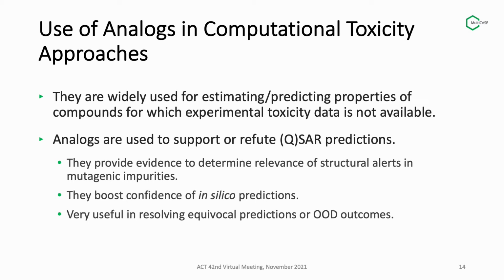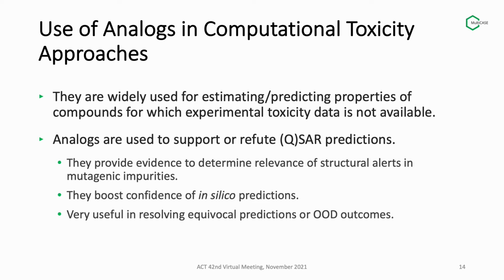In the case of ICH M7 type QSAR analysis of mutagenic impurities, analogs are commonly used to find out or to validate the relevance of identified structural alerts in mutagenic impurities. Once an alert is identified in a compound, we can find some closely similar analogs, and by reviewing them and checking their experimental Ames data, we can find out if the alert is relevant or not.